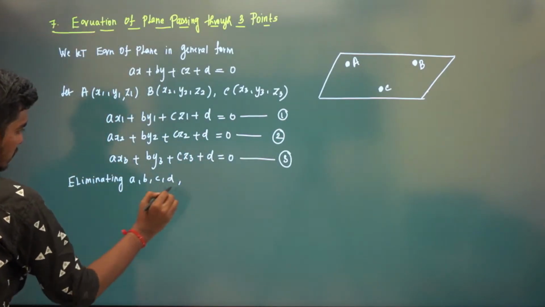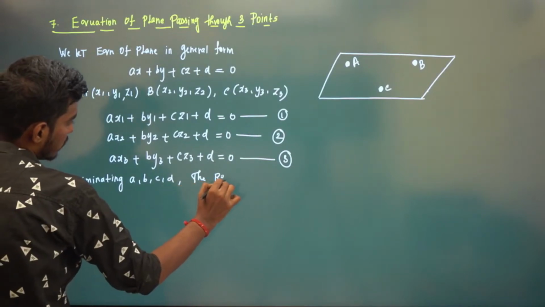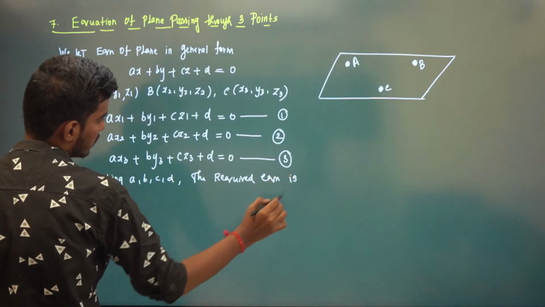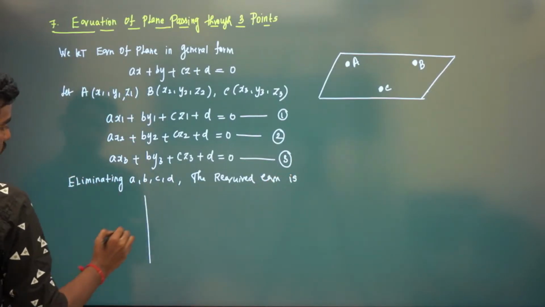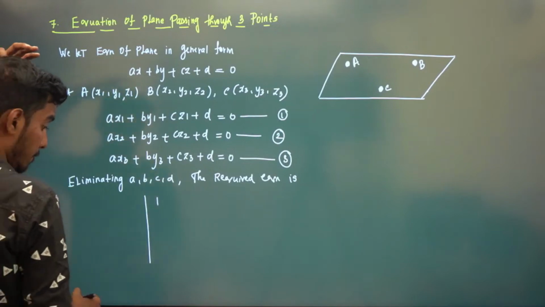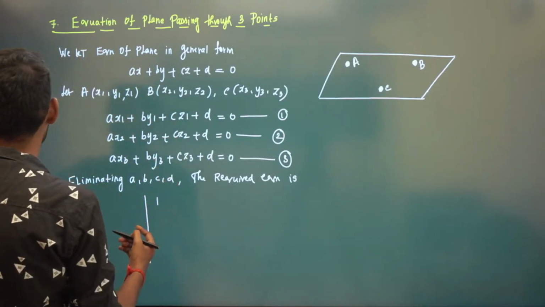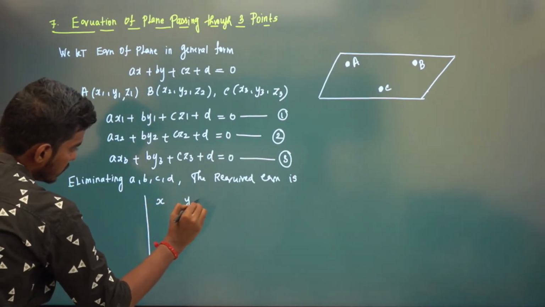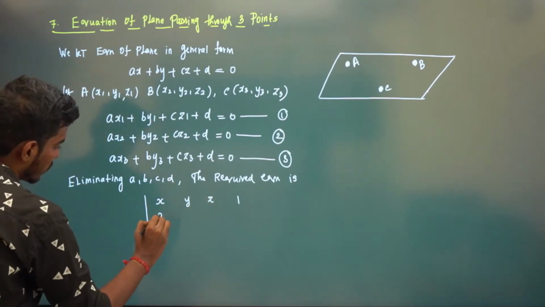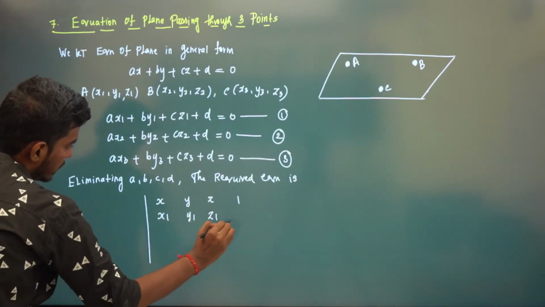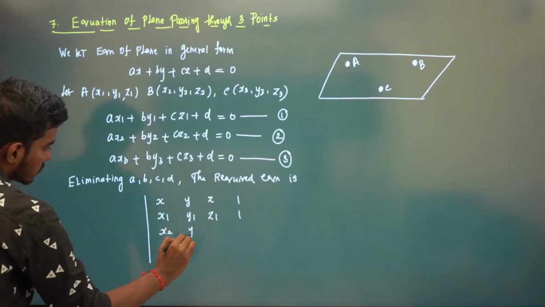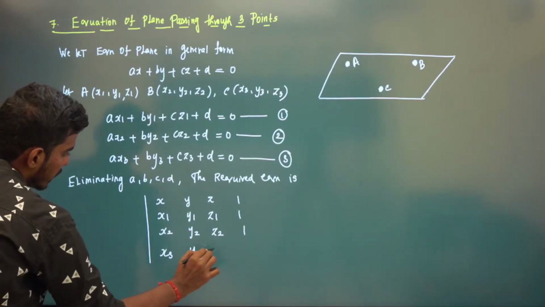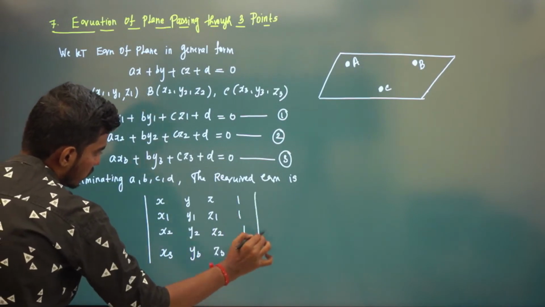So the required equation is given by the determinant of x, y, z, 1; x1, y1, z1, 1; x2, y2, z2, 1; x3, y3, z3, 1 is equal to 0.